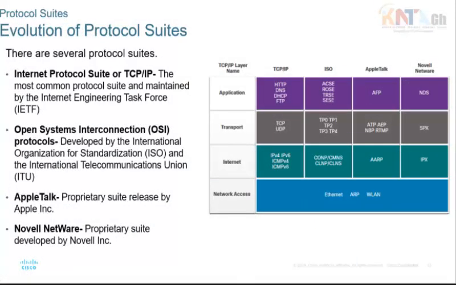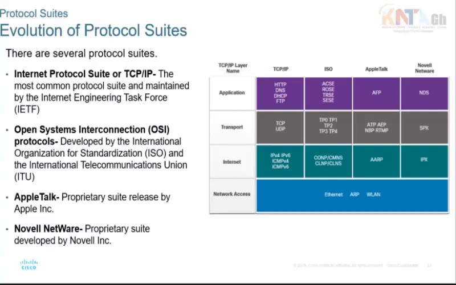We want to look at the evolution of protocol suites. There are several protocol suites. We have what we call the Internet Protocol Suite, or the TCP/IP suite. Now, this is the most common protocol suite and is maintained by the Internet Engineering Task Force, IETF. We also have the Open Systems Interconnection protocols, OSI.